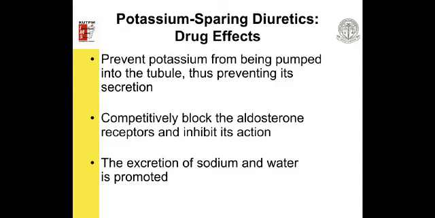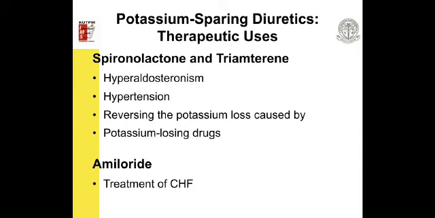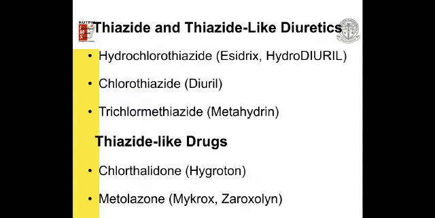These drugs prevent potassium from being pumped into the tubule, thereby preventing its secretion. They block the aldosterone receptor and excrete sodium and water. Spironolactone and triamterene are used in hyperaldosteronism and hypertension, and in reversing the potassium loss caused by potassium-losing drugs. Amiloride is used in the treatment of congestive heart failure.